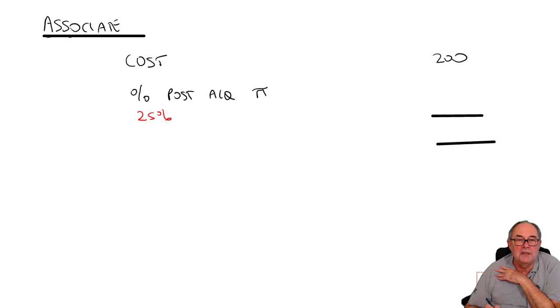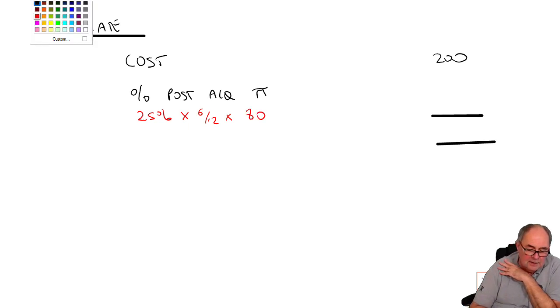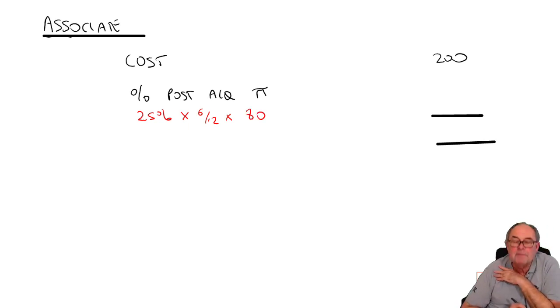We've only owned it for 6 months. 6/12 of the profit for the year, 80. 25% of 6/12 of 80 would give you 10. So the carrying value of the associate is 210. The key thing every time is write down the formula and then try and see what you know and don't know.